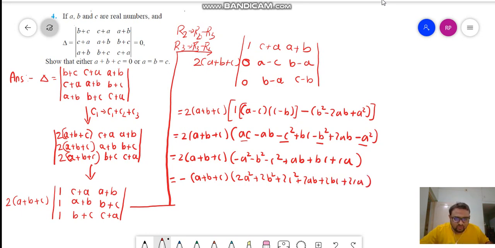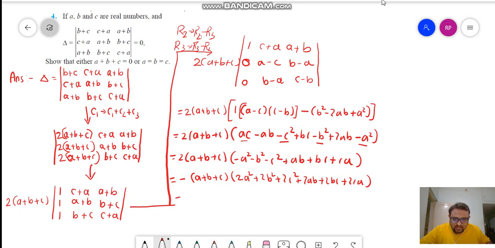Okay, now see here there are two A square. So one I can take A square plus 2AB plus B square. That is A plus B whole square. And another A square plus 2AC plus C square. So A plus C whole square. Same way B square plus 2BC plus C square.